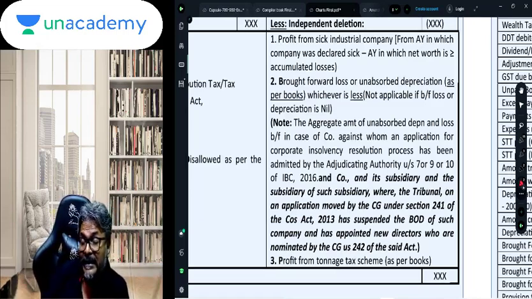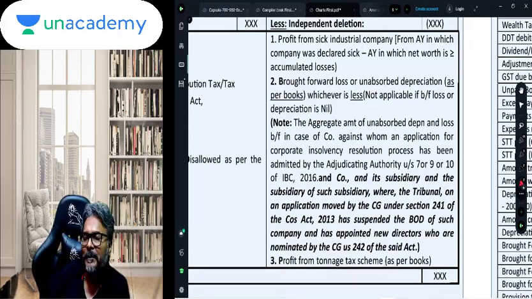Only for those companies, the company which has filed for IBC and the company where the board is appointed by the central government, is the deduction of both brought forward loss as well as unabsorbed depreciation as per the books, not as per the income tax law, allowed to you. Both will then be allowed. Otherwise, it will be only one.